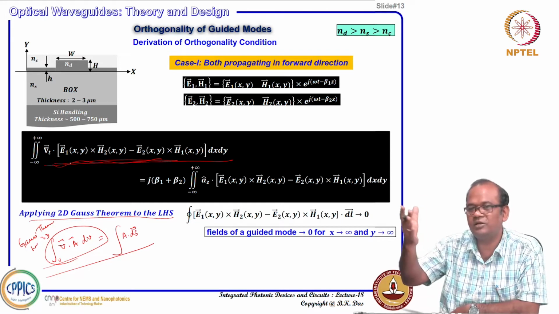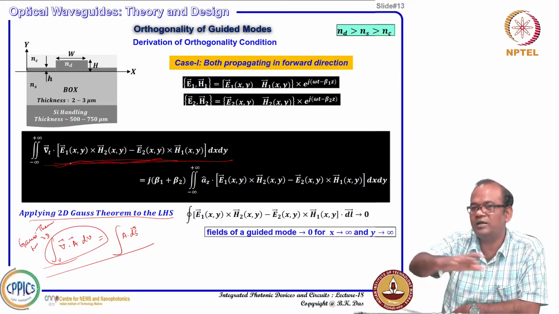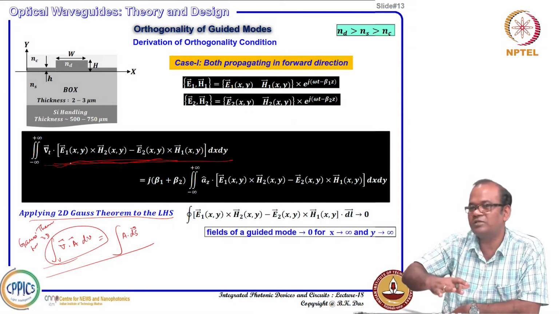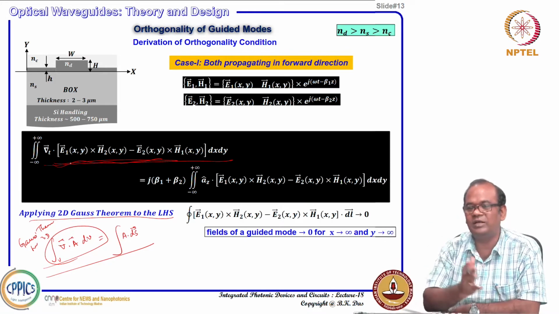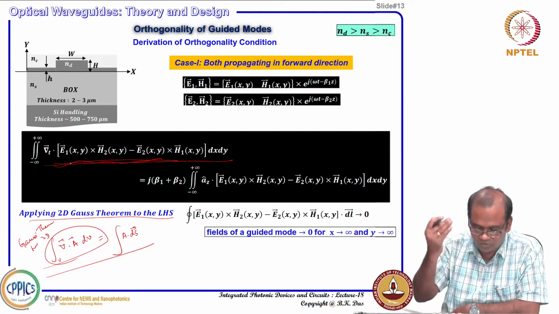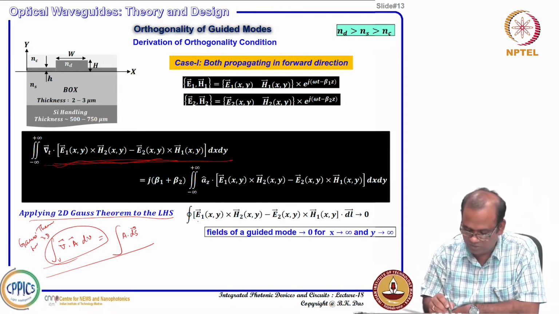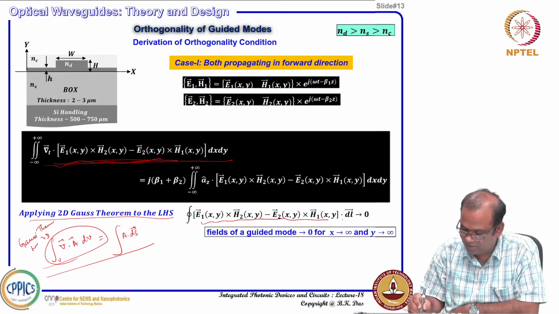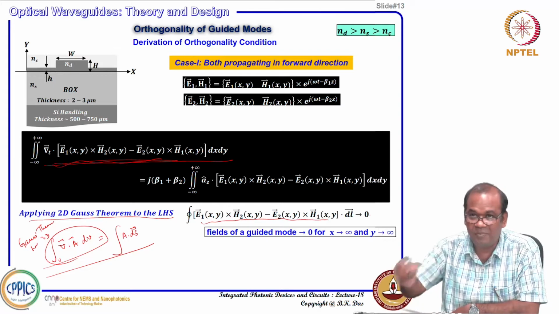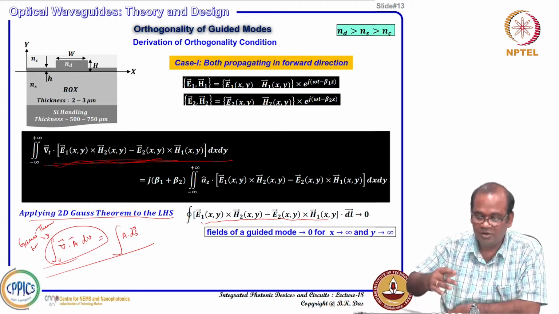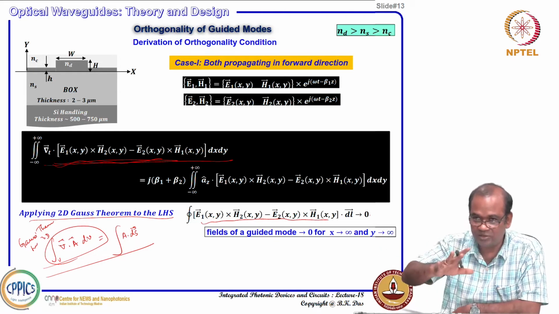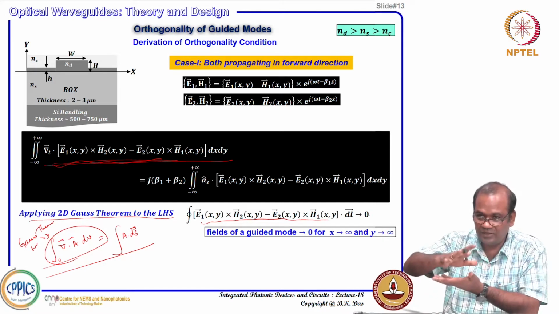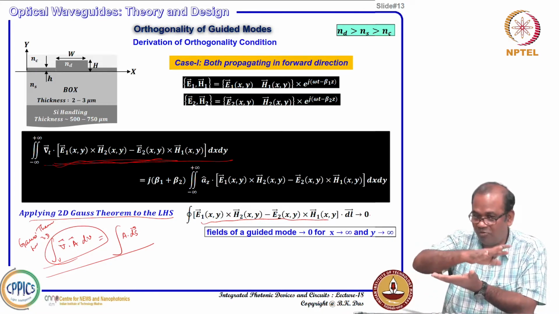So on the left hand side, applying the divergence theorem, the entire vector dot dl over the perimeter. If you have a waveguide surface, you take the divergence and integrate over the surface.